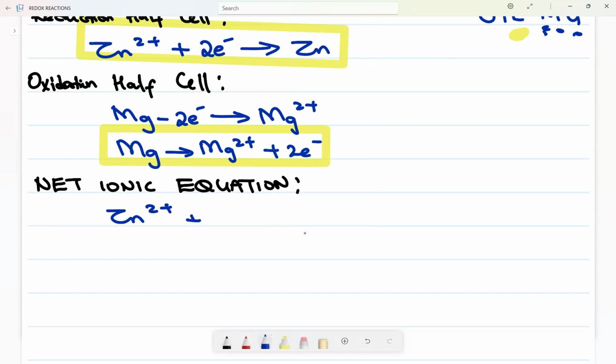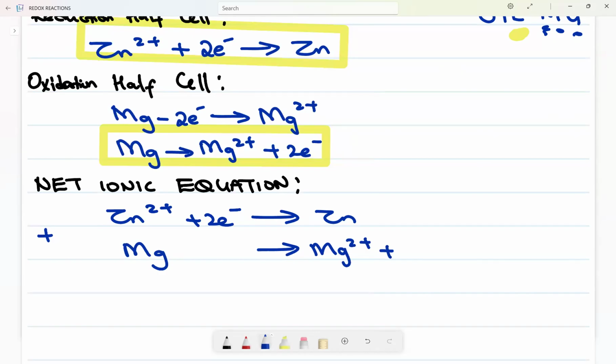Zinc 2 plus plus 2 electrons forming zinc, and then I add it to Mg forming Mg2 plus plus 2 electrons. Guys, what's important is that when you balance this part, you should make sure that the number of electrons are the same on both reactions. I repeat, the number of electrons must be the same for both.